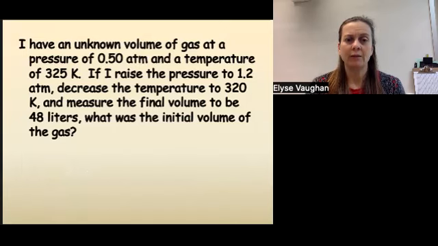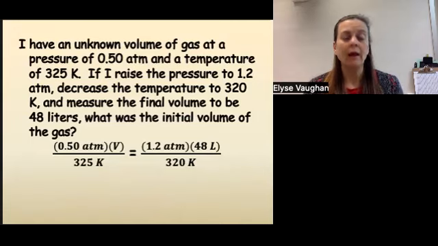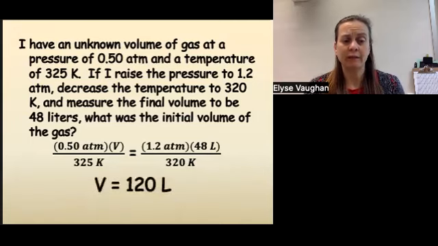Now I'm just going to plug in the values from my problem. 0.50 atmospheres goes with the unknown volume and the temperature of 325 Kelvin. Then my new pressure is 1.25 atmospheres, my new volume is 48 liters, and my new temperature is 320 Kelvin. Solving for V, I find that my initial volume is 120 liters.